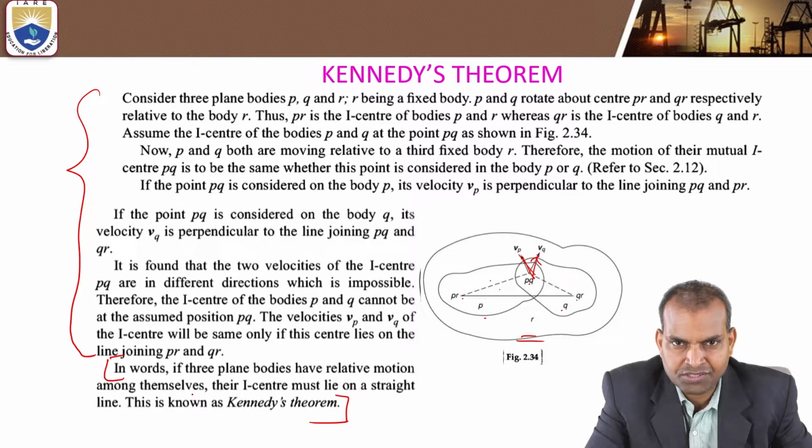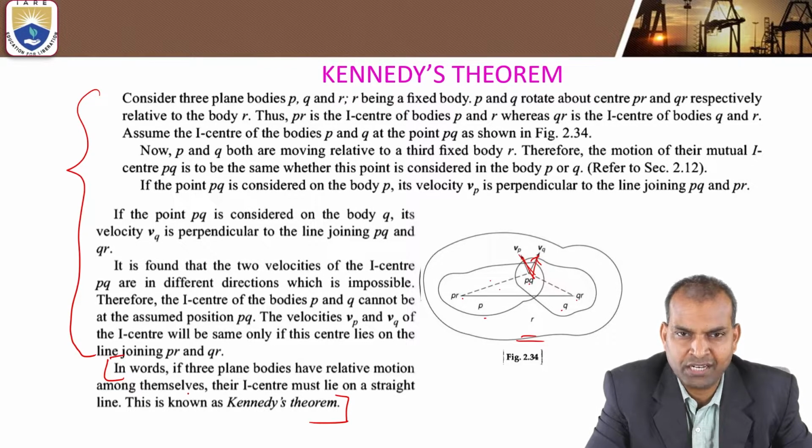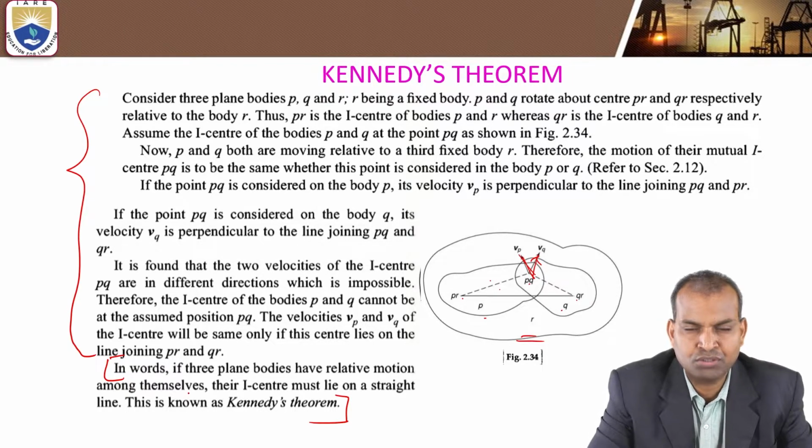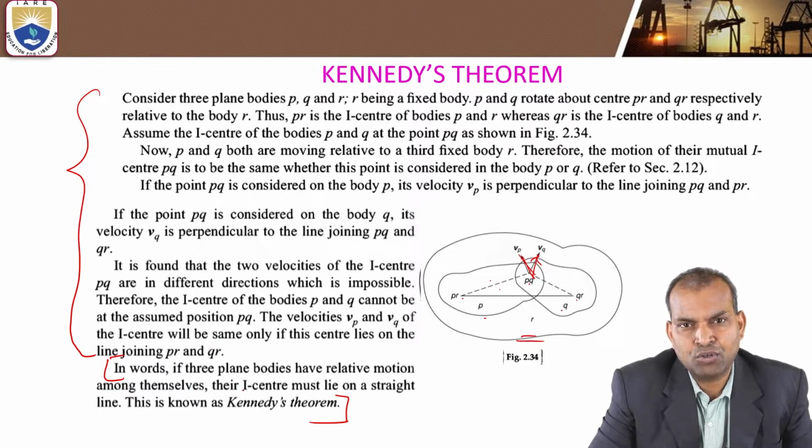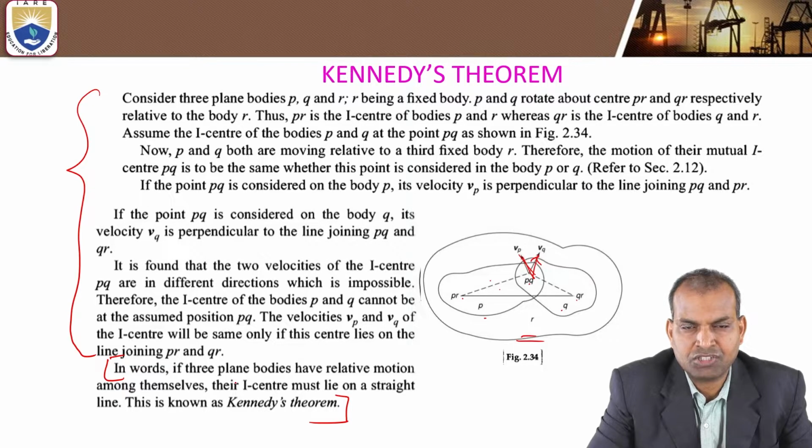There are two scientists. Arnold also found this theorem, and Kennedy also proposed this theorem. It is coincidental that both described the same theorem to find out the location of I centers. That's why it is known as Arnold-Kennedy's theorem.